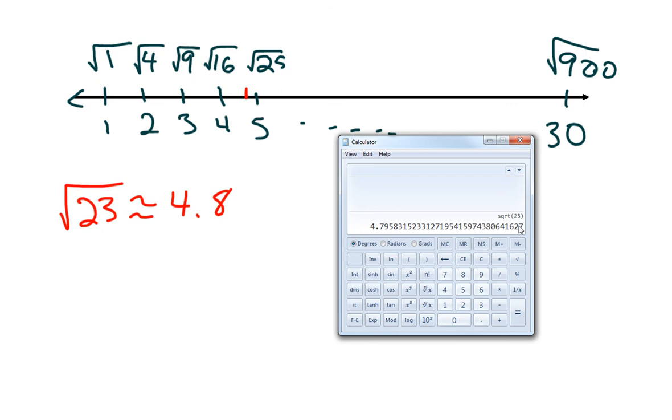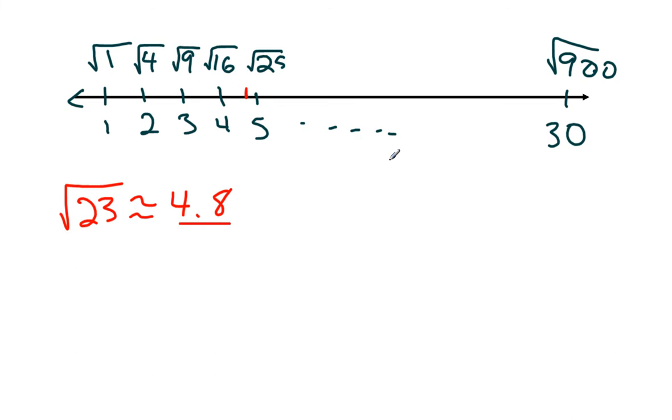It would just keep on forever. Okay, so that is close to 4.8 though. And that's about it. So you look for the two perfect squares that we know, and we figure out which two it is between to come up with an approximate value.